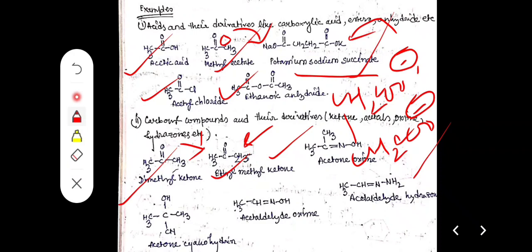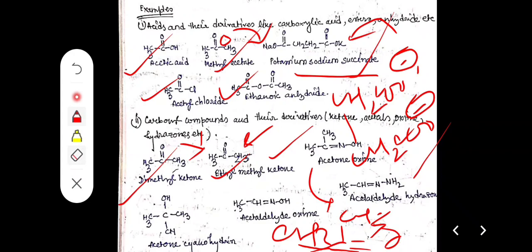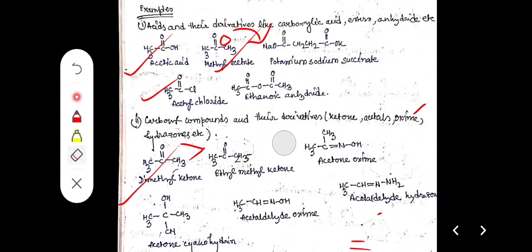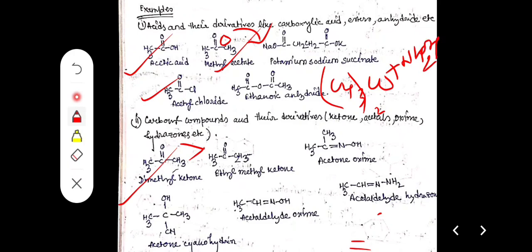That should be called acetone oxime, because it is derived from acetone, that is CH3COCH3. Acetone reacts with NH2OH, and we get the oxime derivative.